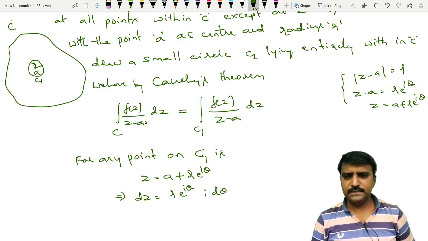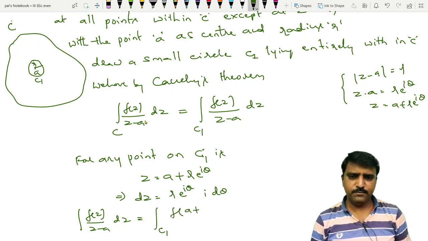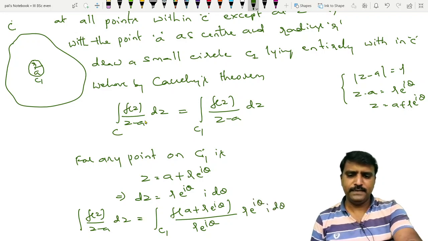If you substitute this here, the integration of f of z by z minus a into dz is equal to the integration over C1 of f of z, that is f of a plus r into e power i theta, divided by z minus a. You can write that z minus a is r into e power i theta, and dz can be written as r into e power i theta into i into d theta, right?